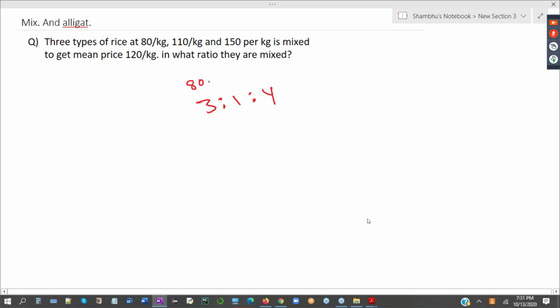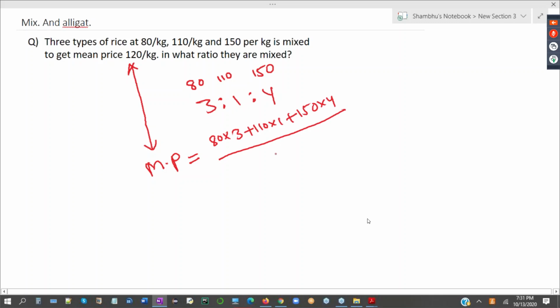So here I will verify whether 3 is to 1 is to 4 is correct or not. I will find out the mean price and check whether the mean price is coming 120 or not. So 80 into 3 plus 110 into 1 plus 150 into 4, divided by how many kg? 4 plus 4, 8 kg. 240 plus 110 plus 600 divided by 8.